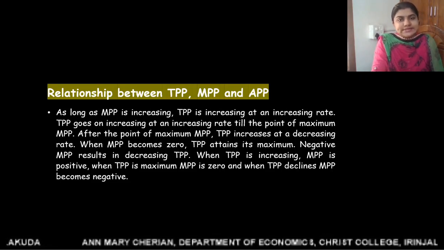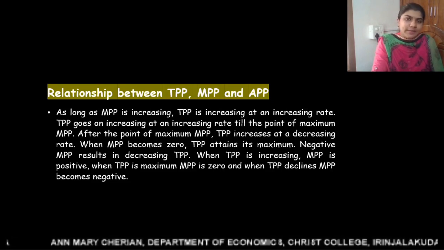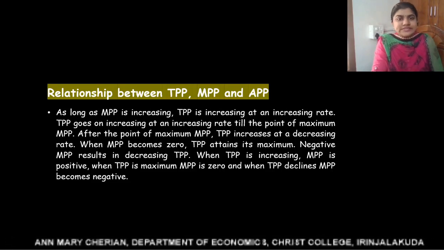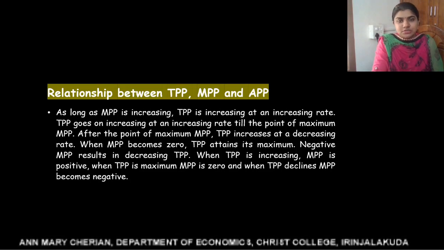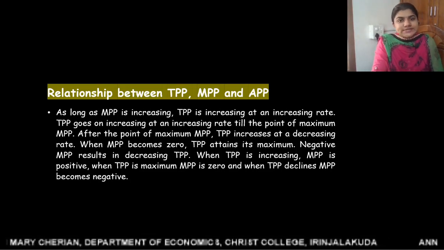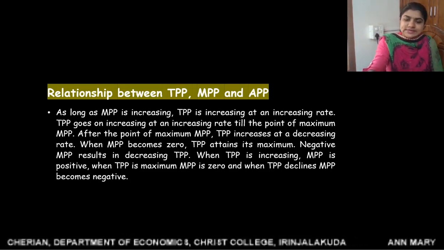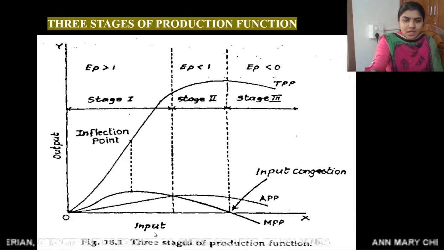Now let us discuss the relationship between TPP, MPP and APP. First, let us consider the relationship between TPP and MPP. As long as MPP is increasing, TPP is increasing at an increasing rate.